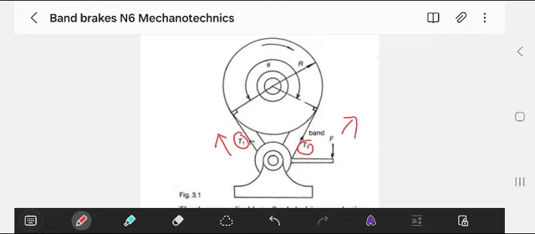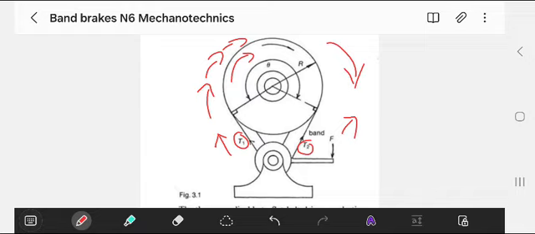I want to check something. This arrow that is curving like that represents the rotation. That means it's rotating in this direction. As it's rotating in this direction, you see T1. T1 will be applied in the same direction of rotation. T2 will be in the opposite.